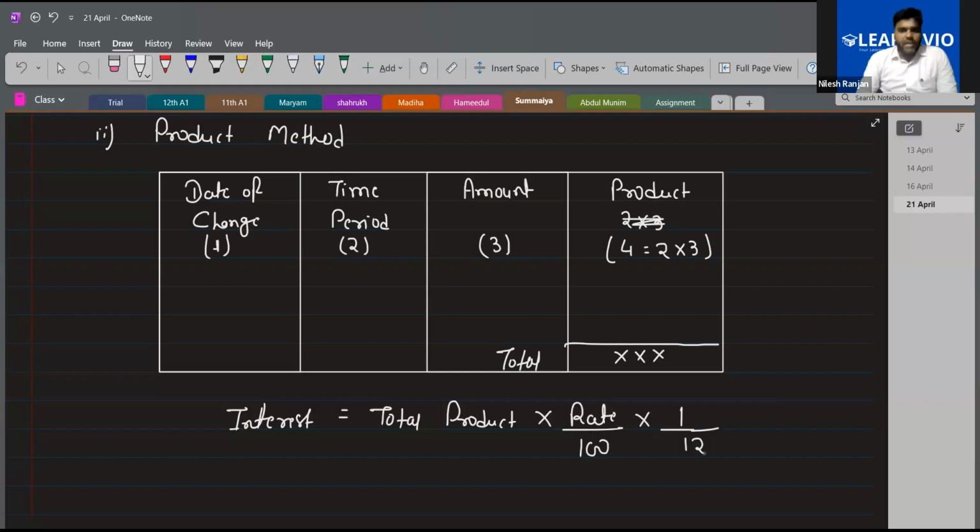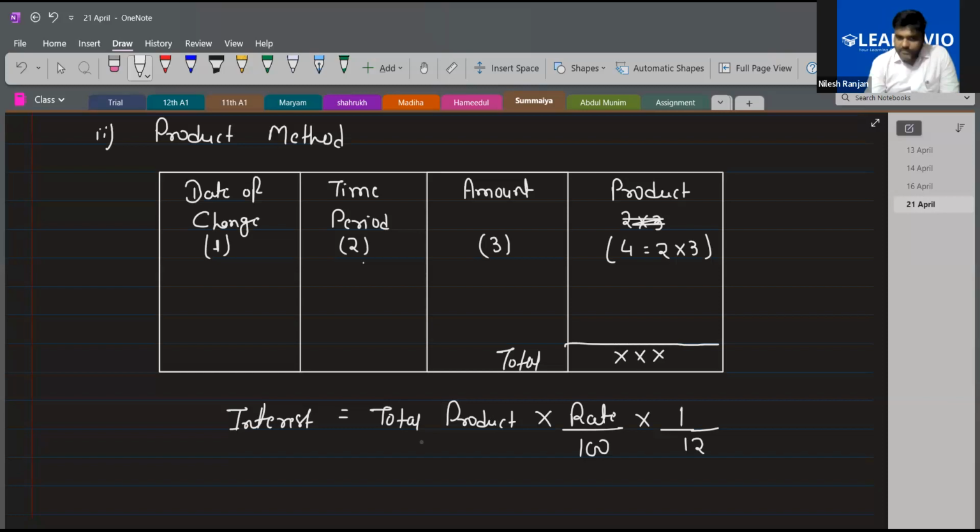Now the question is why we are using this 1 month only. Why are we not taking a different time period like 12 or 6 or 3 or 9? Because we have already multiplied this time period with the amount. So you don't have to multiply this again with the amount.